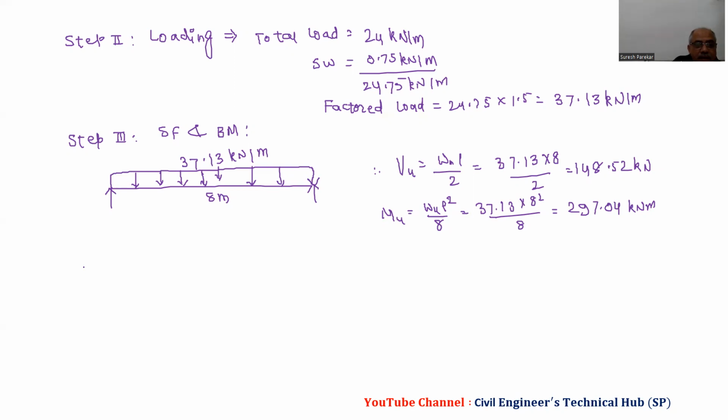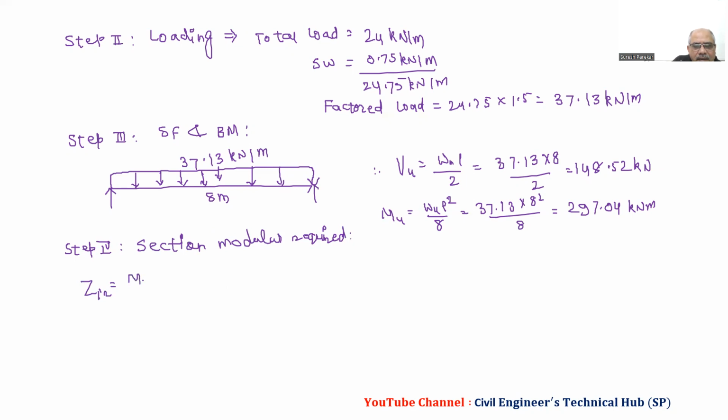Then we have to go step 4, section modulus required. Now it is laterally supported because the slab is above it. So we have ZP required equal to, now things are easy, Mu upon gamma MO upon Fy.